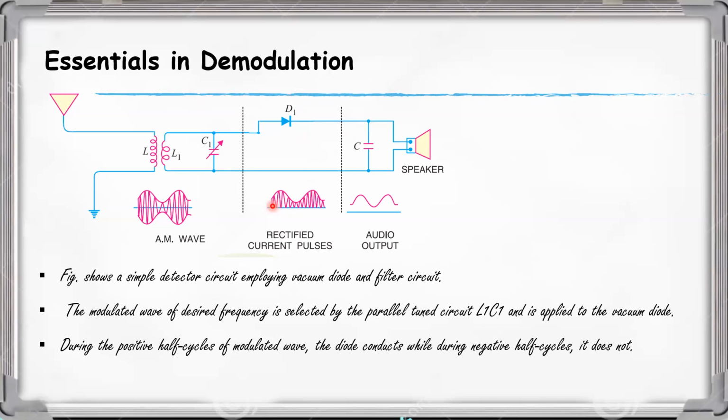So we get this type of signal. It is the rectified current pulses.